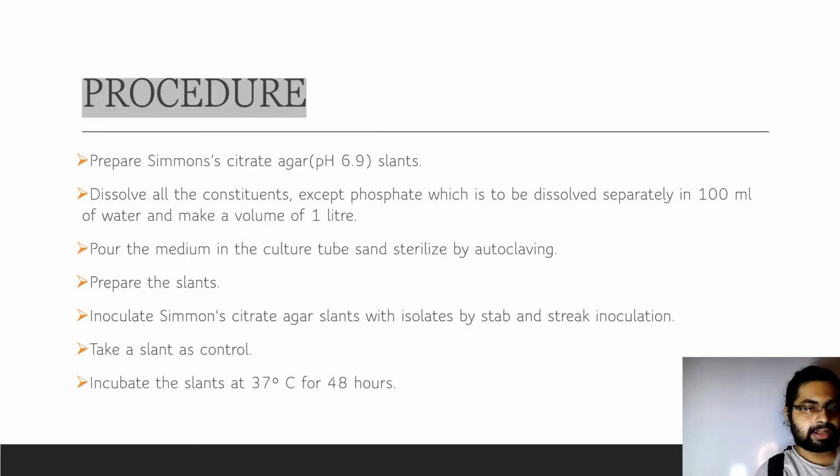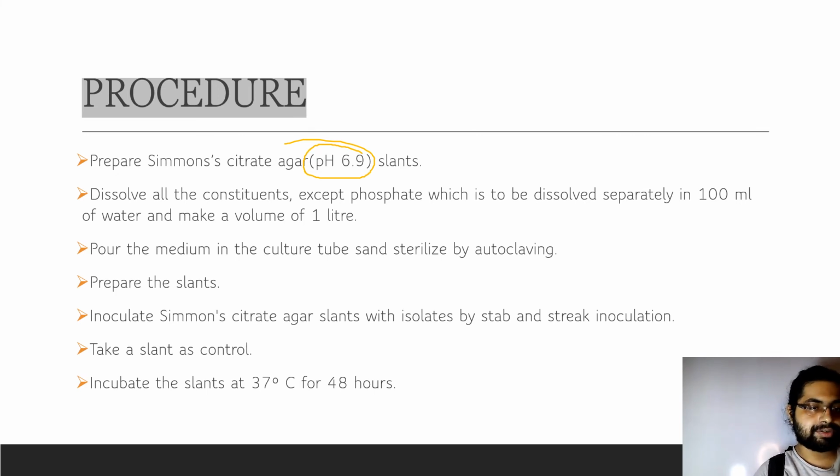Prepare Simon citrate agar slants maintaining the pH 6.9. Dissolve all the constituents except phosphate, which is to be dissolved separately in 100 ml of water, and make a volume of 1 liter. Pour the medium in the culture tube and sterilize by autoclaving.